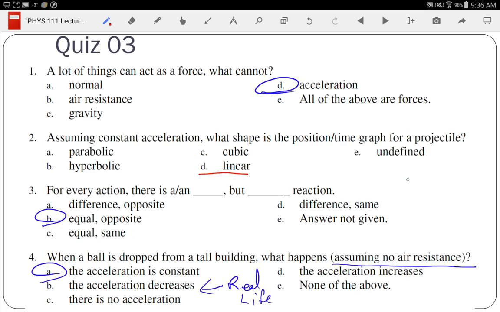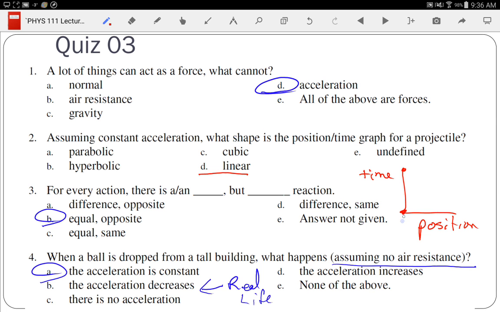Let's just recall, if we had position as a function of time, if we start from here and we drop it, we start at a position up there at time 0.